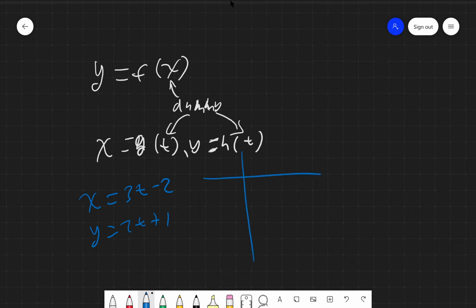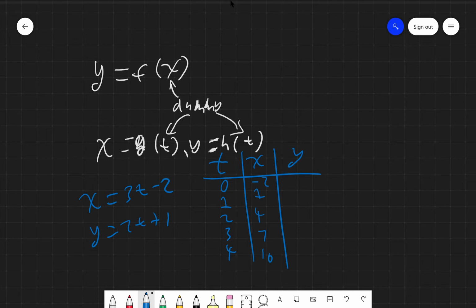We'll talk about how to do it a faster way, but for now, good old chart. Say t was 0, 1, 2, 3, 4. For x we get -2, 1, 4, 7, and then 10.